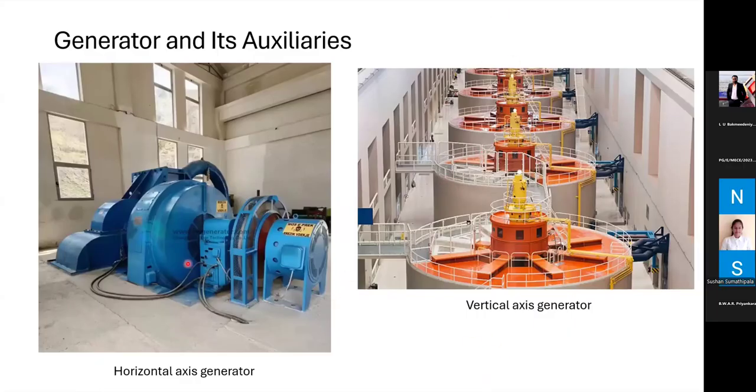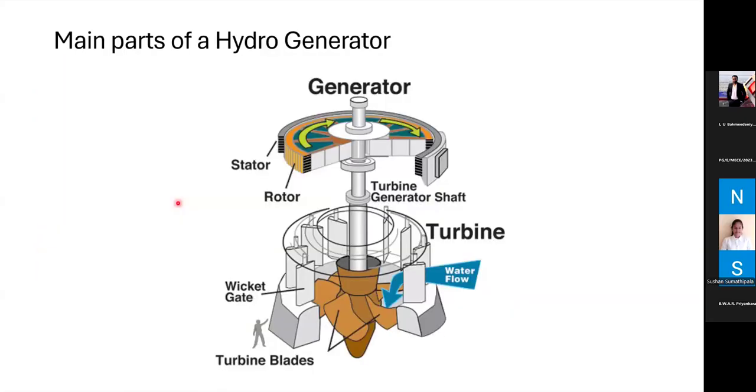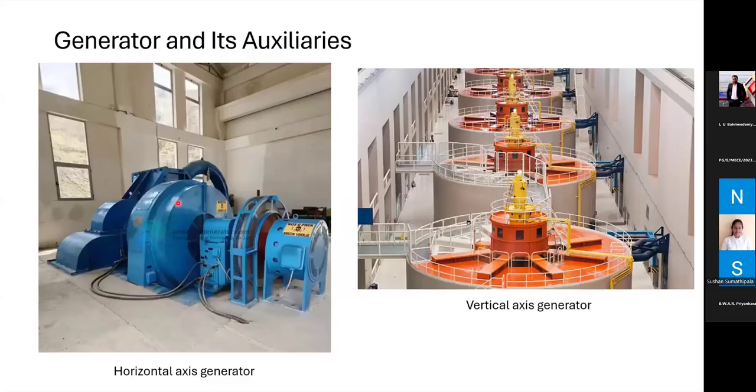Horizontal axis are used in small scale mini hydropower stations as well. But large scale horizontal axis turbines are, to my knowledge, only in Old Laxapana Power Station in Sri Lanka. My knowledge might be incomplete there, so I need to find that out.